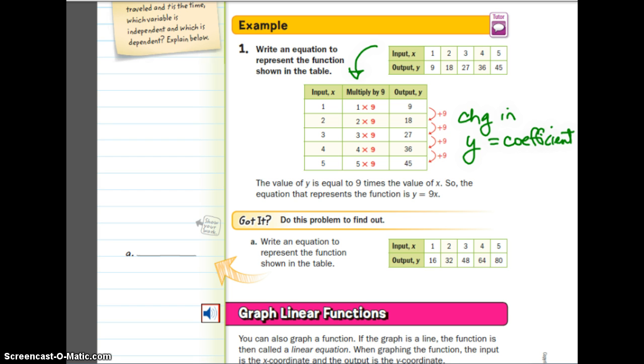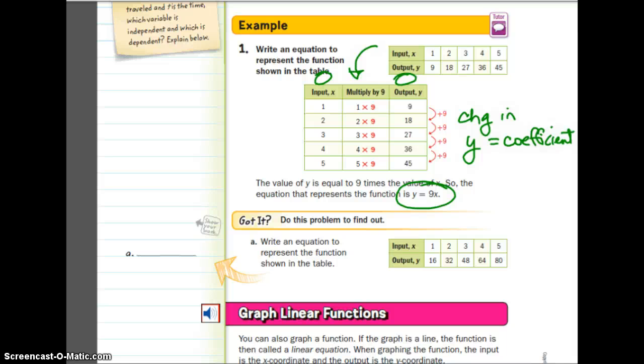So I know in this case, this is 9x. So y equals 9x. Now you want to know, is there any change for the constant? So for an input of 0, 0 times 9 is 0. So therefore there is no constant. So y equals 9x.